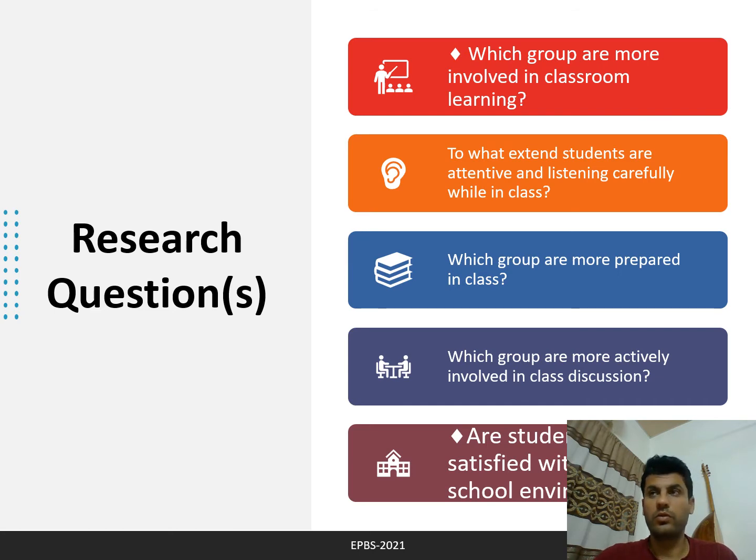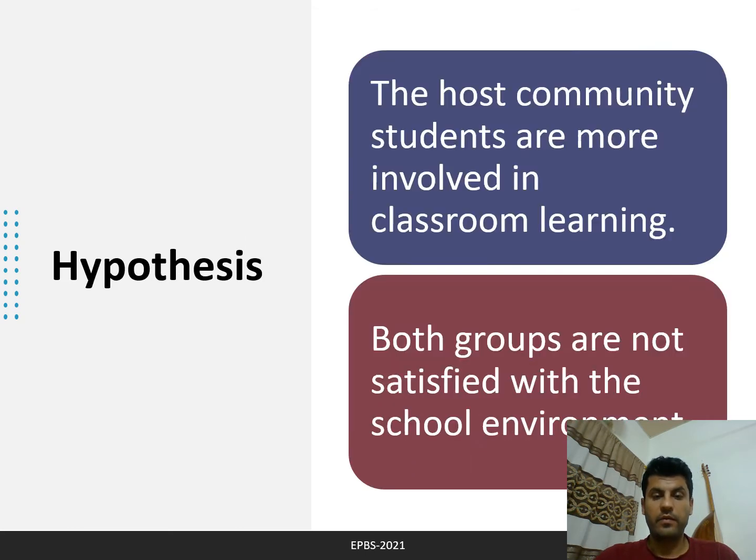And also, which group is more involved in the discussions in the class? At the same time, there's a question about whether students are satisfied with the school environment, and which group is more satisfied.